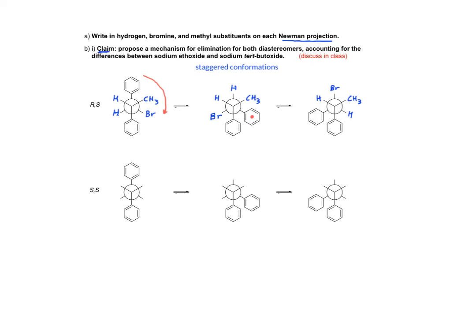Then going to the last page of the worksheet, consider all of the evidence that is provided. There is information on the stereochemistry of the alkene structure, but there are also rate constants for the two diastereomers and rate constants measured for reactions with sodium ethoxide and with sodium tert butoxide.